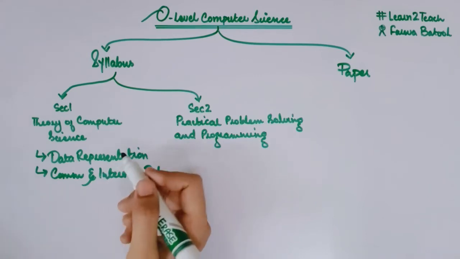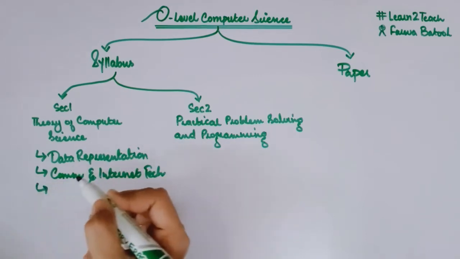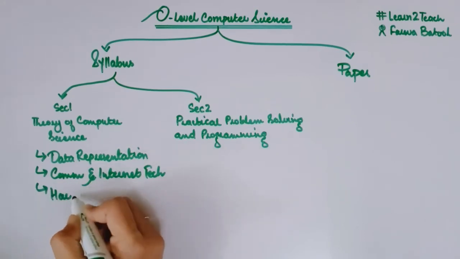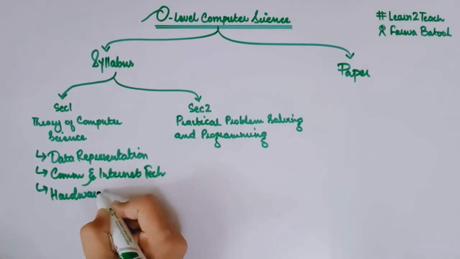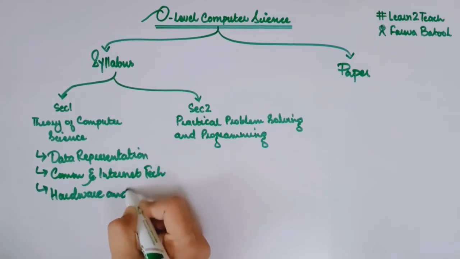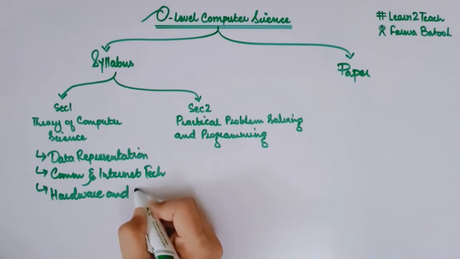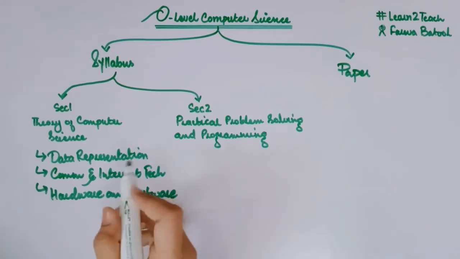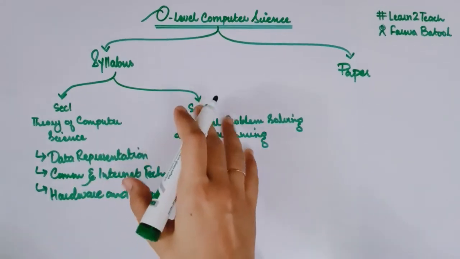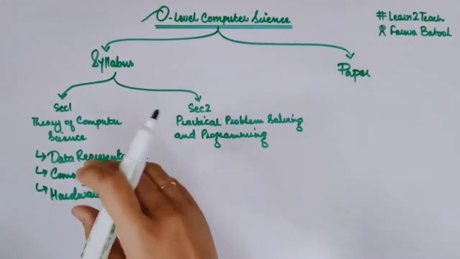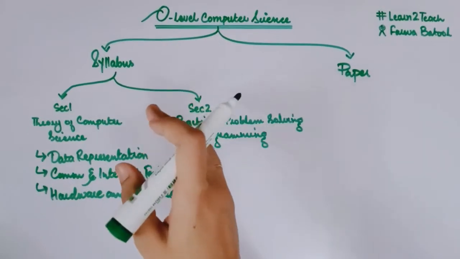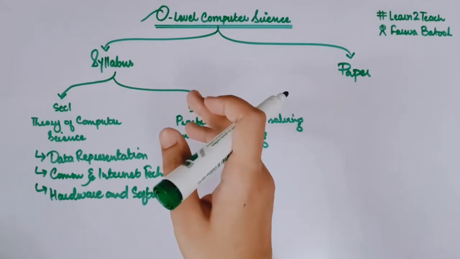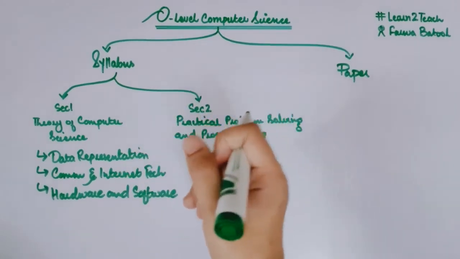Okay, so the third one is hardware and software. Yes, it's an important one. We are having many subtopics in this heading. Okay, inside this we are going to study logic gates, computer architecture, input devices, output devices, memory, storage devices, media, and operating system, high and low level languages, their translators.